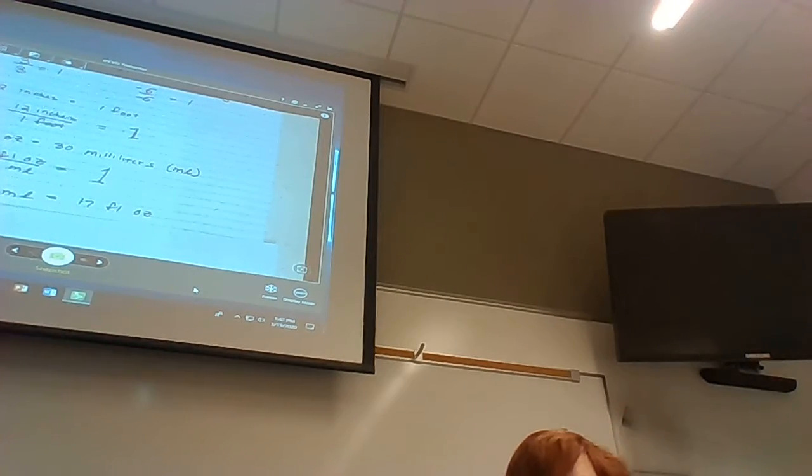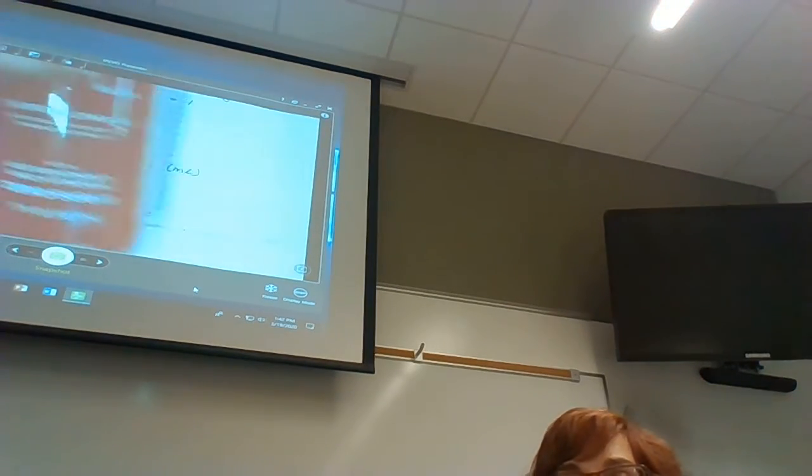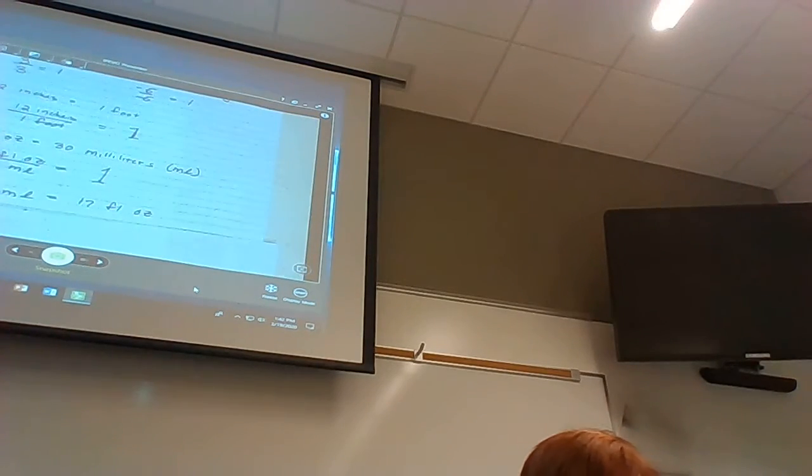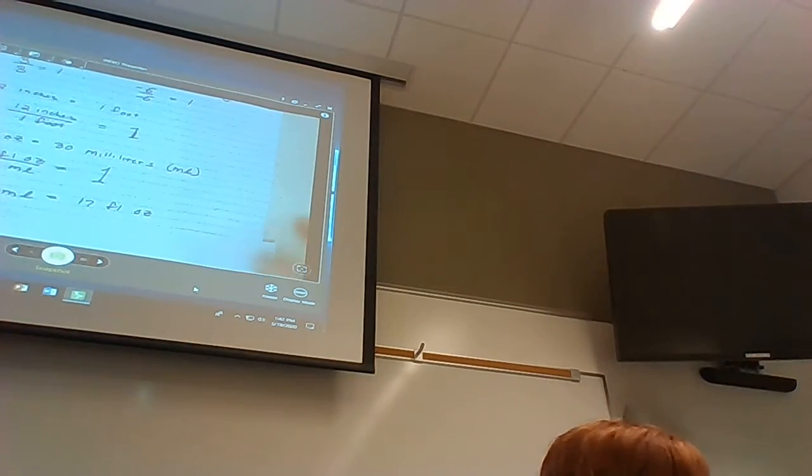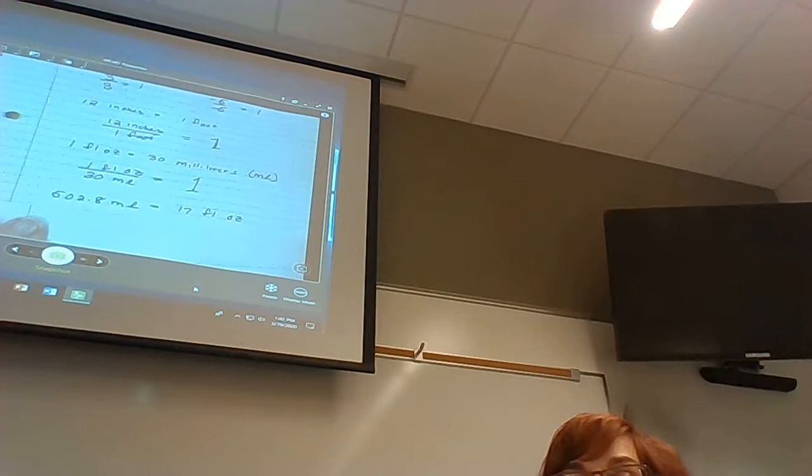Now, if I don't have a conversion table, I can use something else. I brought in this little bottle of ice water because I was thirsty, and it says it has a volume of 502.8 milliliters, and it is 17 fluid ounces.